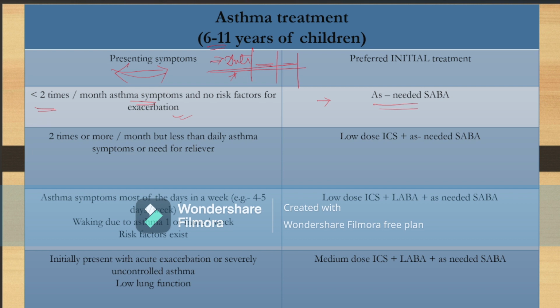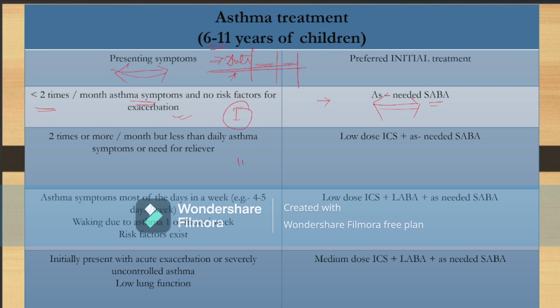What do we mean by as-need therapy? As-need therapy means if the child has symptoms of asthma, then we only give short-acting beta agonist to relieve the symptoms. That means if the patient has cough in a day, then we give short-acting beta agonist for that day only. Next, this is stage 1 treatment.